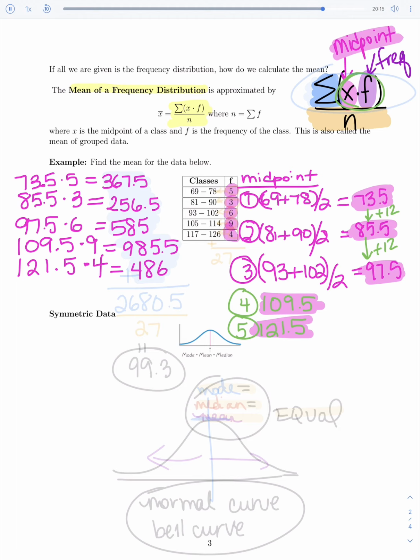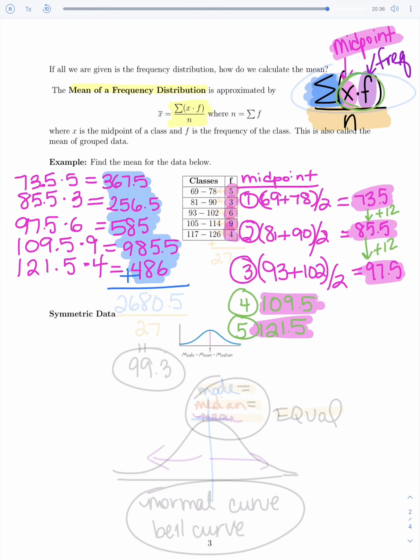Now remember, the last thing that was out in front of taking all the frequencies and midpoints and multiplying them together was this little sigma guy, that means add up everything. That means I need to take the whole list I just came up with and add it all up. So let's find out what we get when we add up everything.